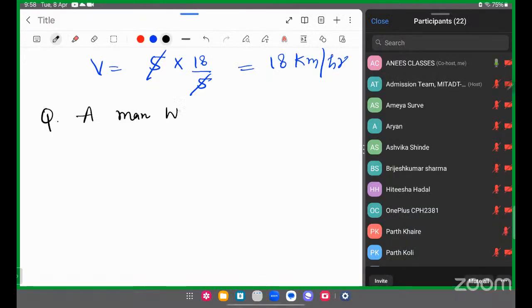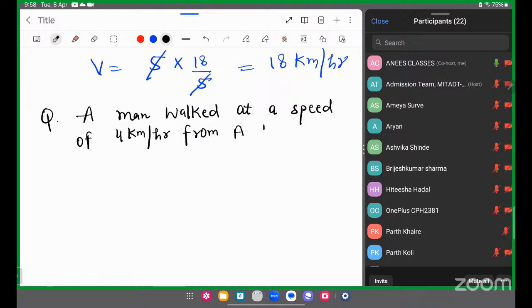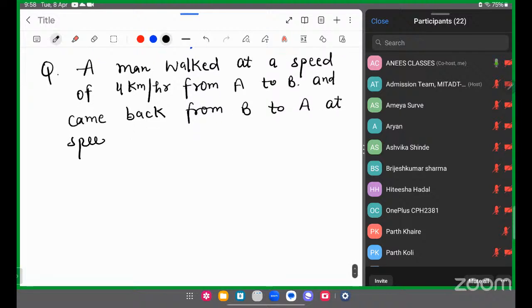A man walked at a speed of 4 kilometer per hour from point A to point B, and came back from point B to point A at the speed of 6 kilometer per hour.